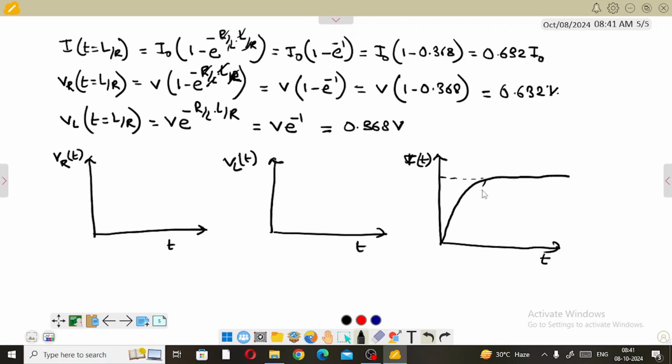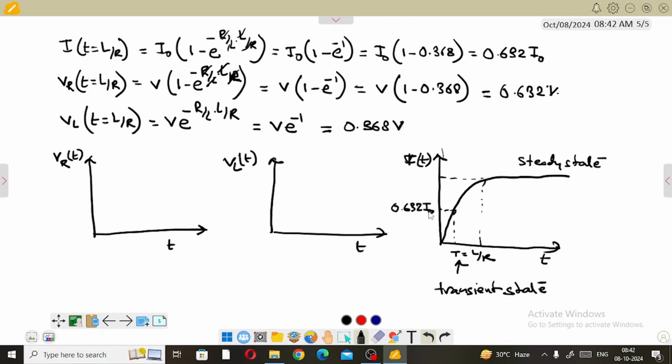So this time when it's varying is called the transient state. And this is my steady state, where the voltage and current become constant. This is my T equal to L by R, where it gives me 0.632 I naught.